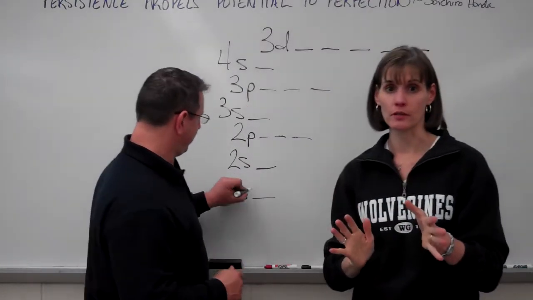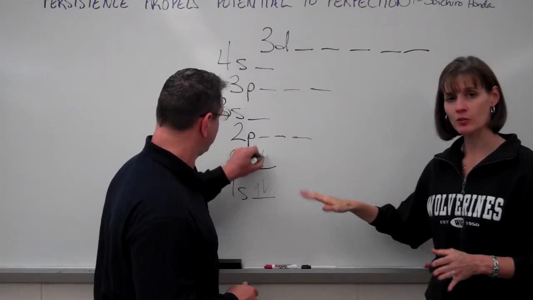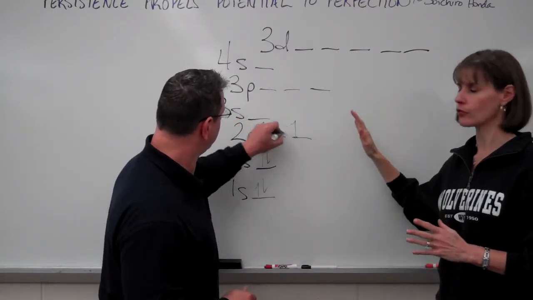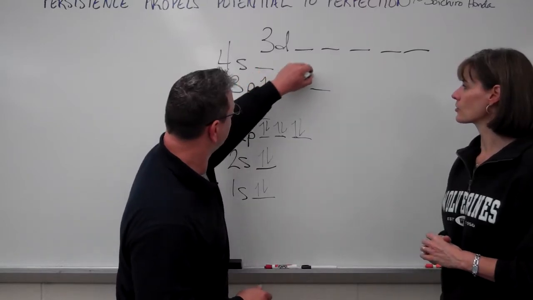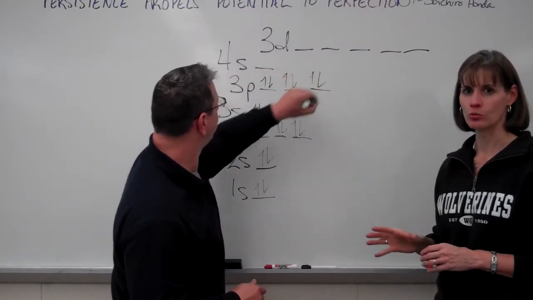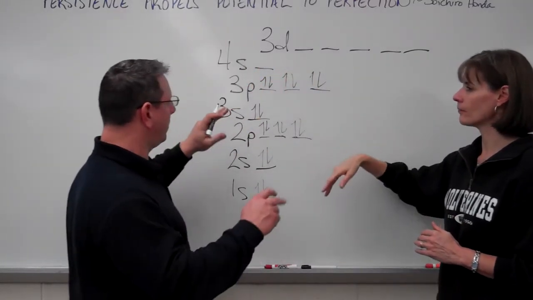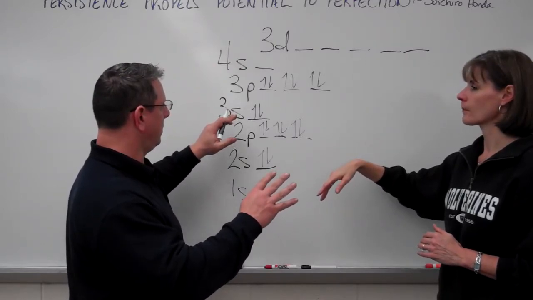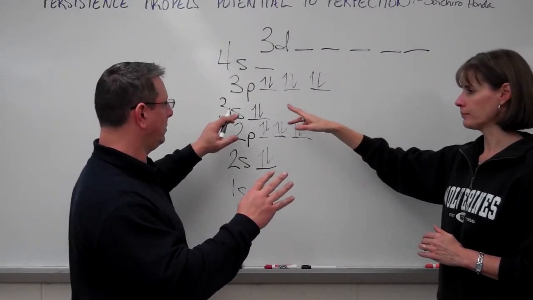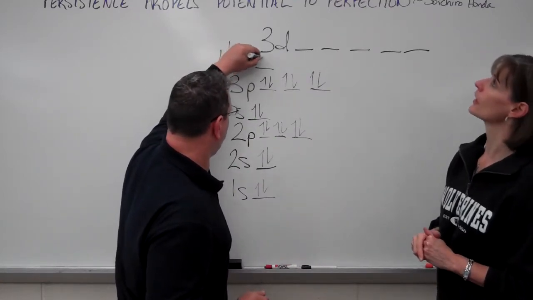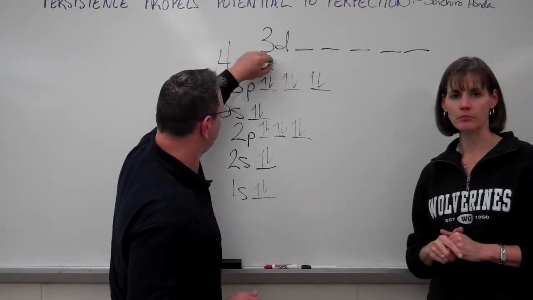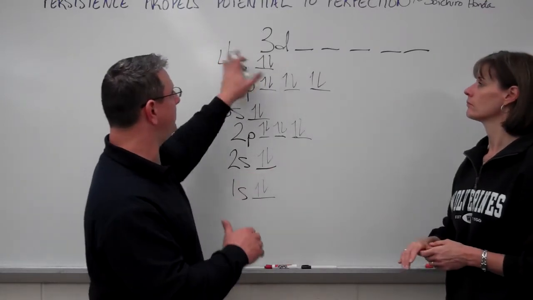The exceptions. Aufbau says we're going to fill from the lowest energy levels first. So we have all this stuff down here filled in, and following Hund's rule, 1 electron in each orbital. Let's keep going. Potassium, calcium, the edge of the s block.